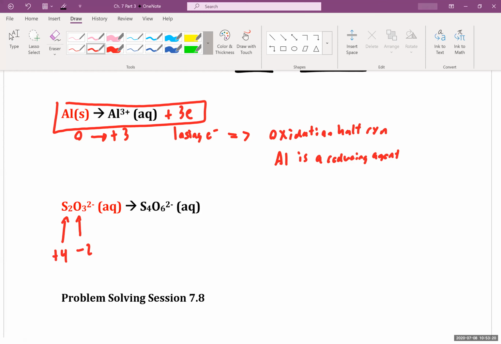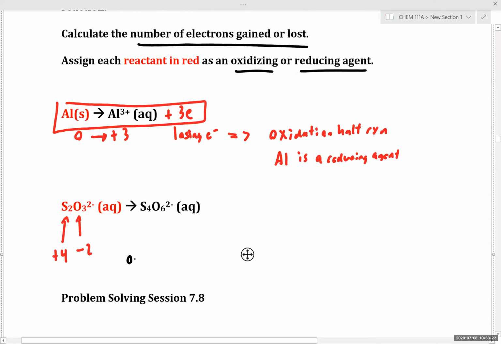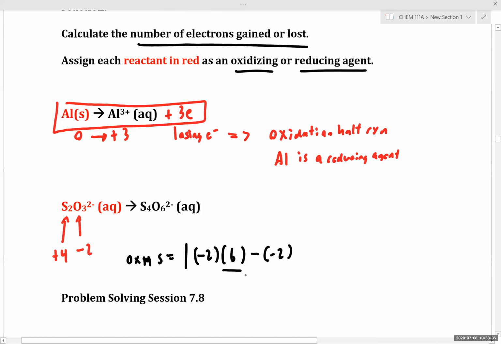Let's look at S4O6. The oxidation number of sulfur is equal to the oxidation number of oxygen times the number of oxygen atoms minus the total charge, over the number of sulfur atoms.